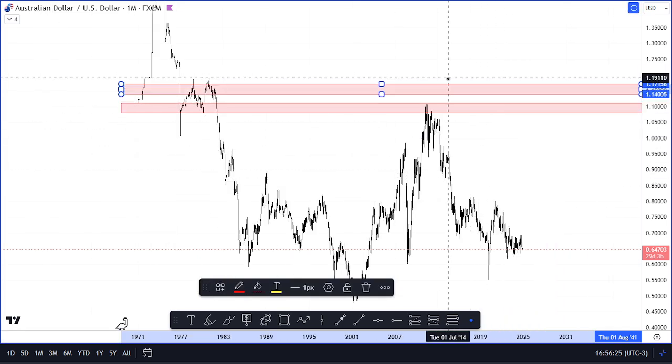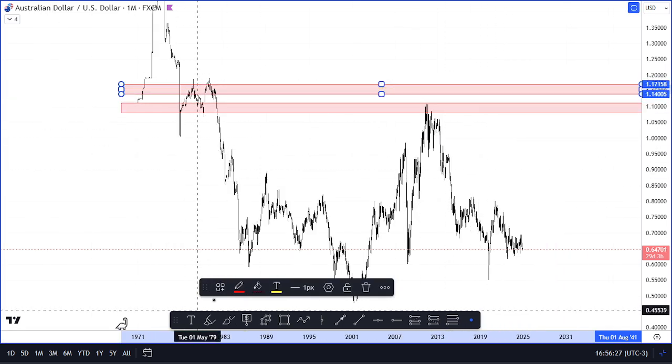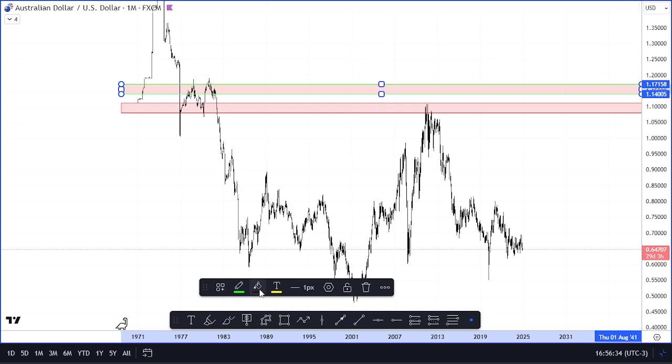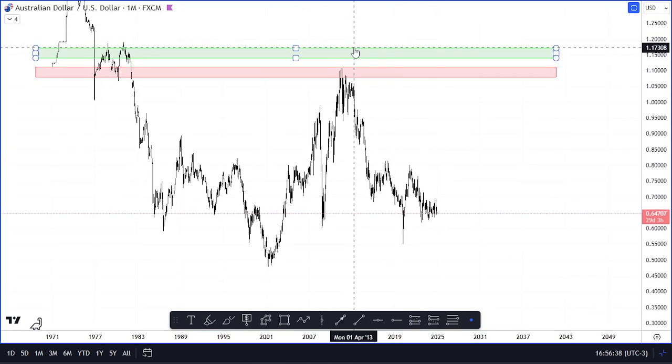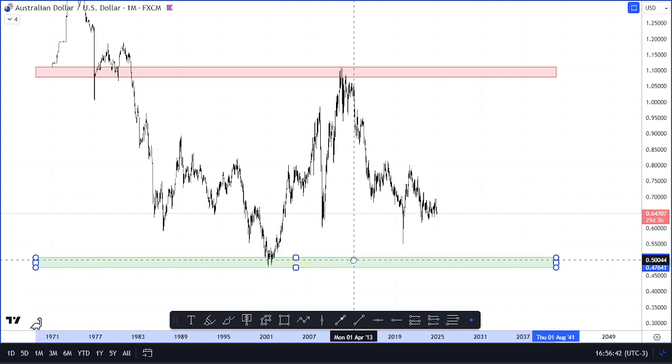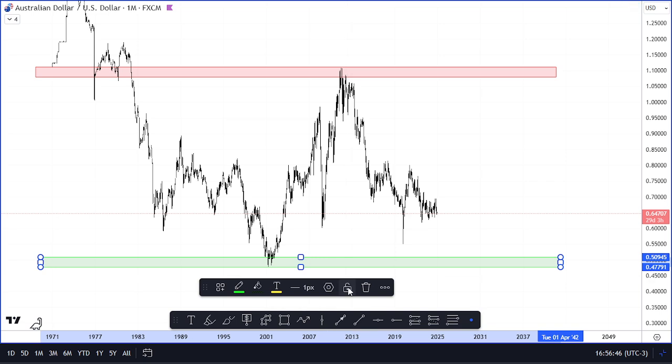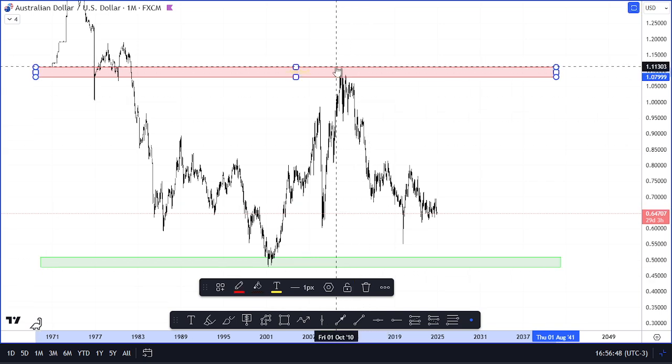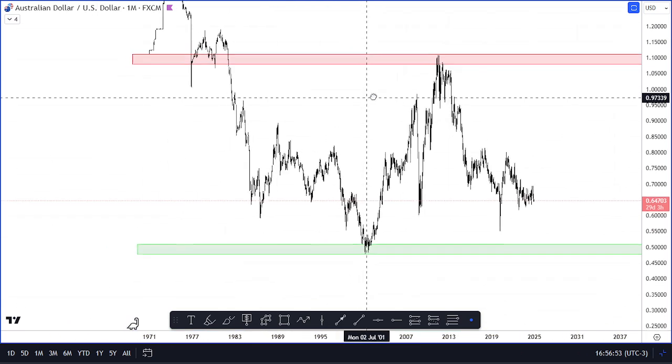So I'm going to clone, change color. I'm going to change the color background. It's going to be green, and I'm just going to bring this down all the way here. Okay, so this is my support band area, monthly time frame, and that's my resistance band area, monthly time frame.